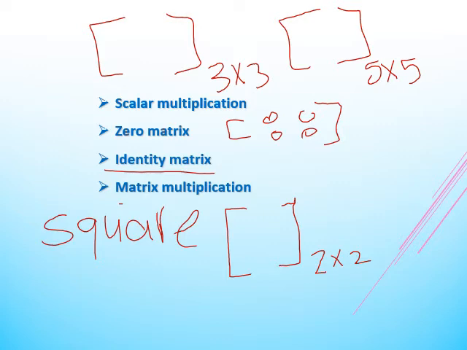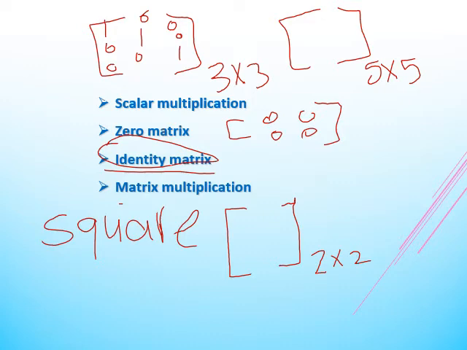Now, what's the identity matrix? The identity matrix is a square matrix where the diagonal is equal to 1 and all other values are equal to 0. This means only the diagonal is equal to 1, and the upper triangle and the lower triangle are equal to 0.